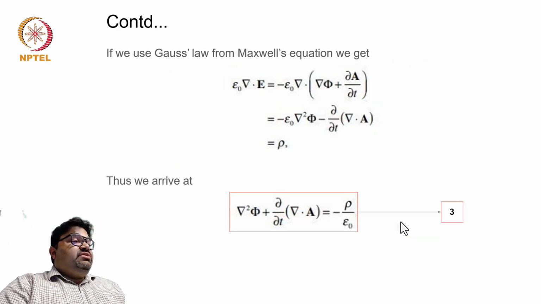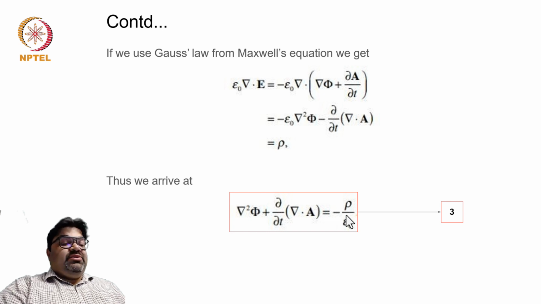Then eventually, if you use the Gauss's law from Maxwell's equation instead of Faraday's law, you finally get to another expression of del square phi plus the derivative with respect to t of divergence of A is equal to minus rho over epsilon 0. These are all the basic electromagnetic theory, and that's what relates the phi and the A if you replace the basic identities in the Maxwellian equation.